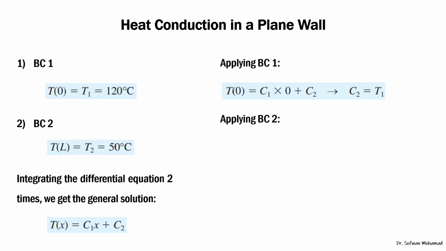And applying boundary condition number 2 to the general solution, we get T(L) equals C1 L plus C2, and we can rearrange this equation: T2 equals C1 L plus T1, because we know C2 is equal to T1.